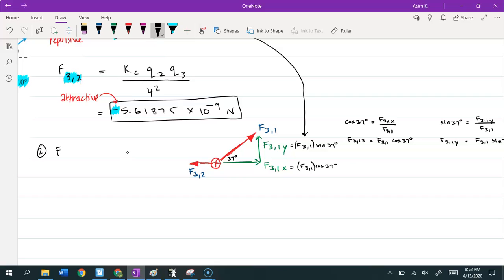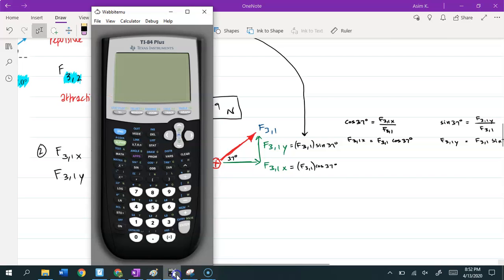For F31x, we're simply going to go to our calculator and punch in what we really need, and then we'll write it on this canvas here. In fact, the thought process is what takes a while. Punching in the numbers is something we're quite accustomed to.